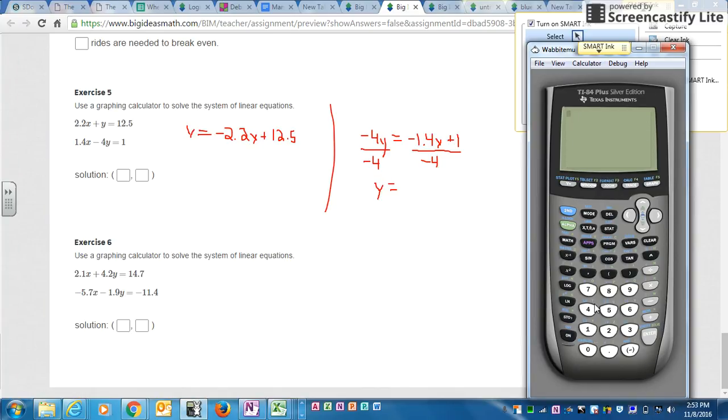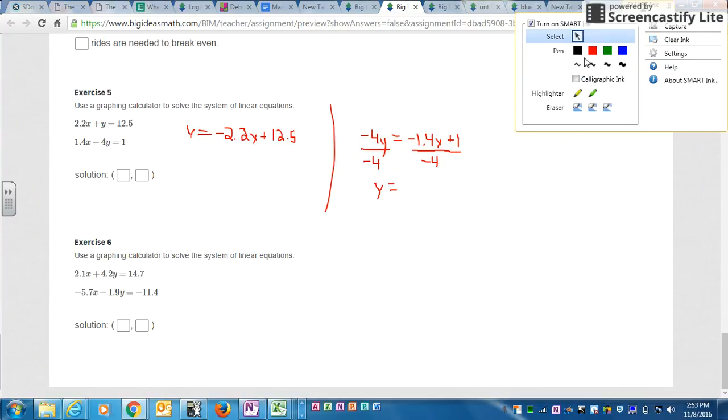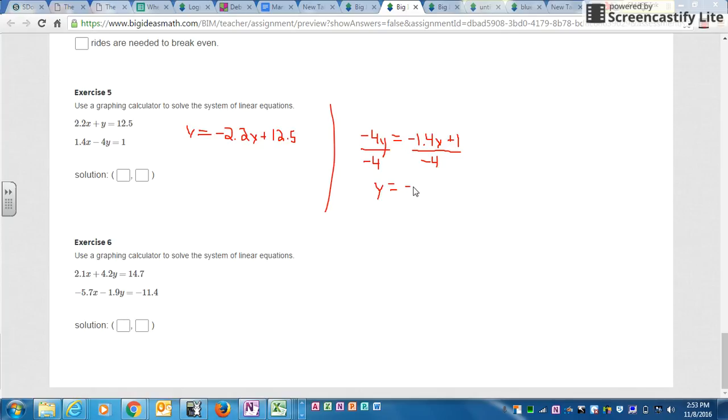Sorry about that. So negative 1.4 divided by 4, and that is negative 0.35. Negative 0.35x, and then that's going to be minus 1/4, or when I put it into my calculator, I'm going to put 0.25.